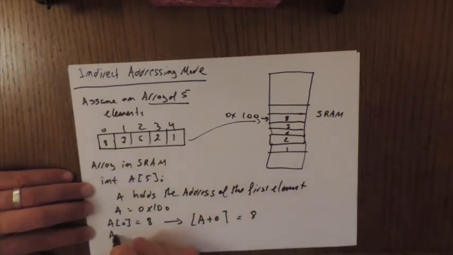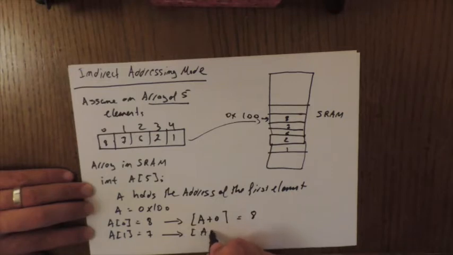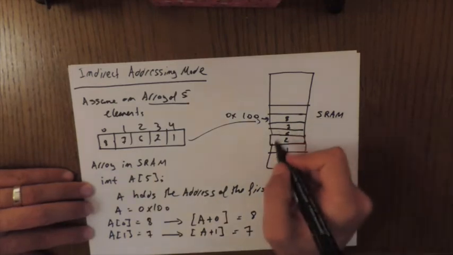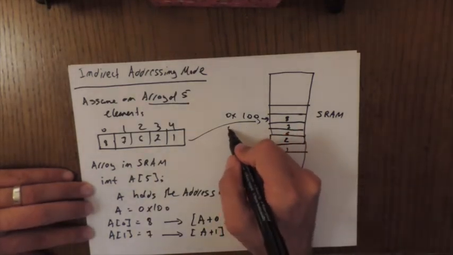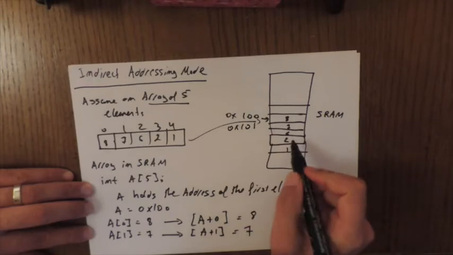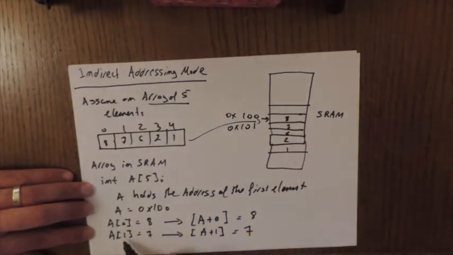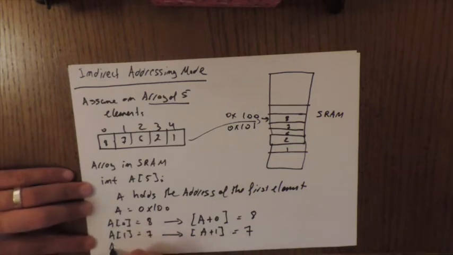The second element, A of 1, will be equal to 7. This translates to A plus 1, and the content is 7. So what's A plus 1? This is 0x101. So we see the index gets added to the address that's in A. So let's say we want A of 4 is equal to 1.